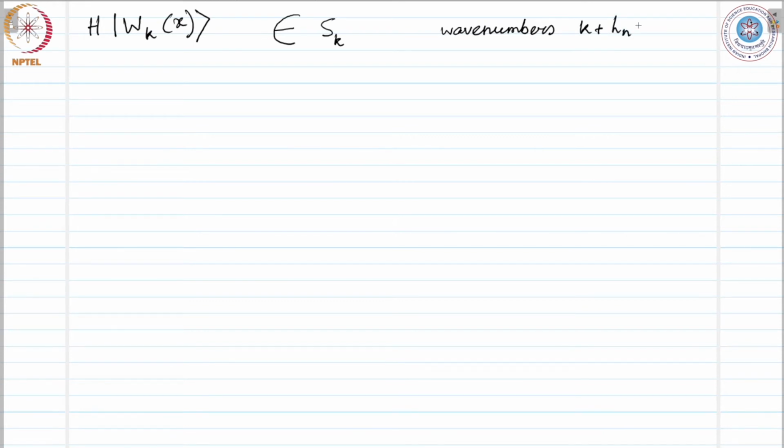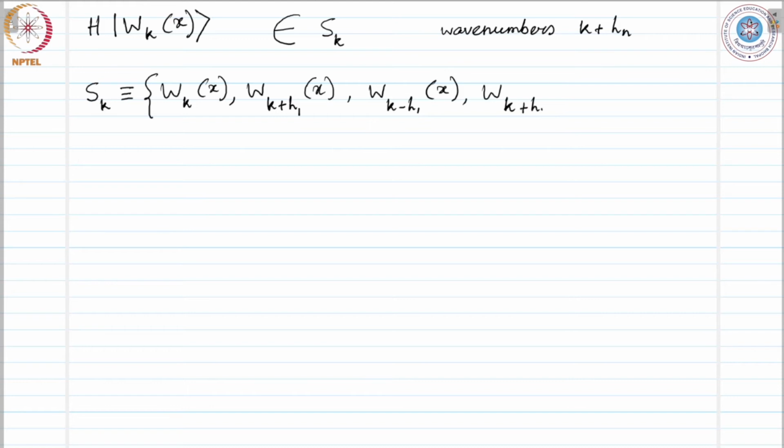We have defined h_n in such a way that this subspace can be given as this set of W_k(x), W_(k plus h_1)(x), let's write W_(k minus h_1)(x), W_(k plus h_2)(x), W_(k minus h_2)(x), and so on.